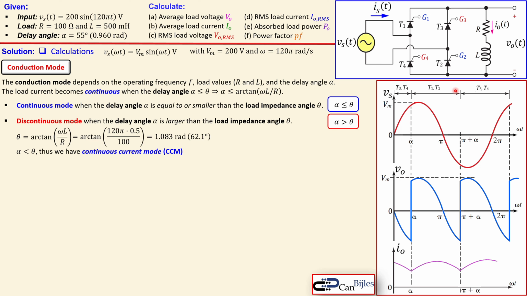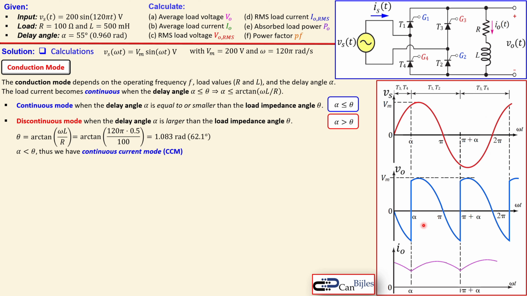When T1 and T2 are active, it follows exactly that shape, and then again it flips its value, and the same operation repeats each period. The period of our load voltage is 2 times smaller than the period of the source voltage.